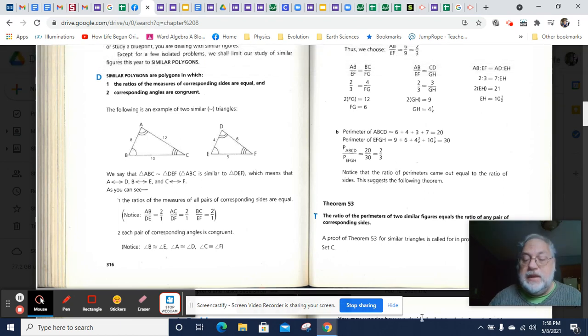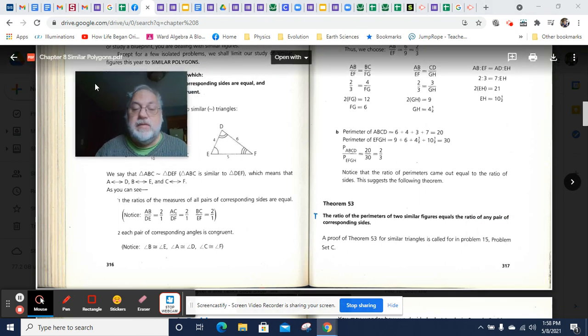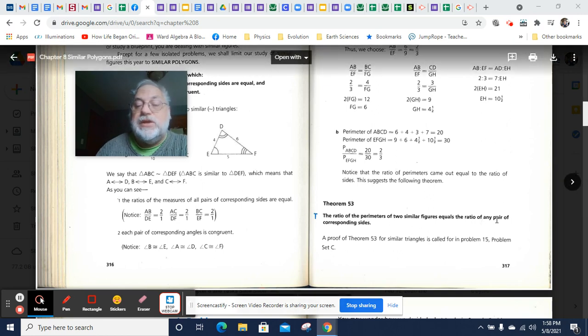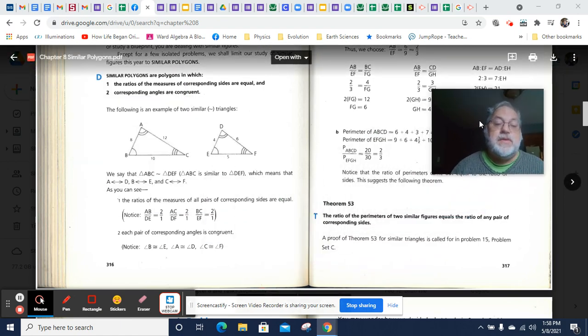Now, relatedly, the ratio of the perimeters of two similar figures will equal the ratio of any pair of corresponding sides. So if we look at these triangles, we can add up the sides.